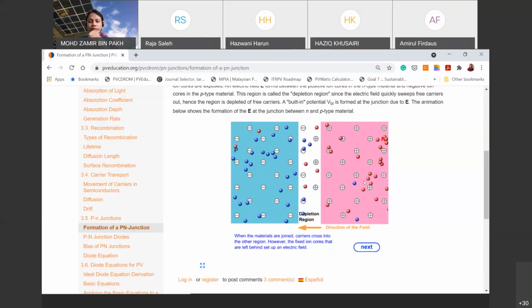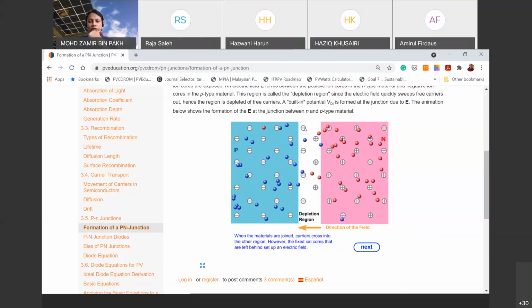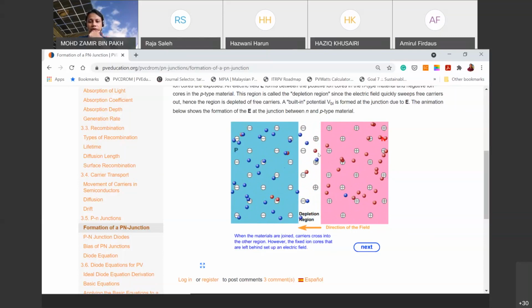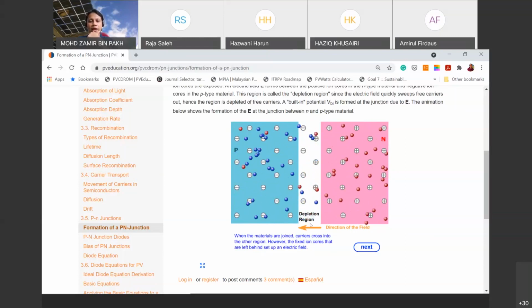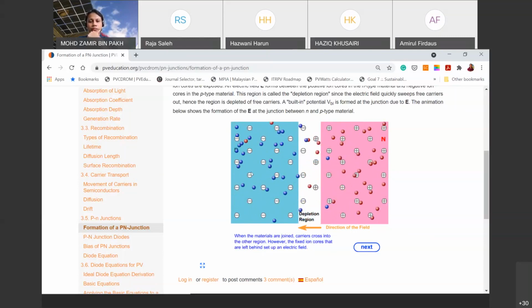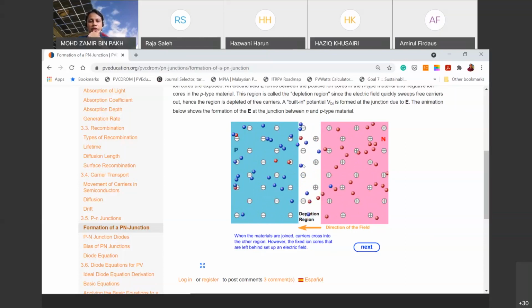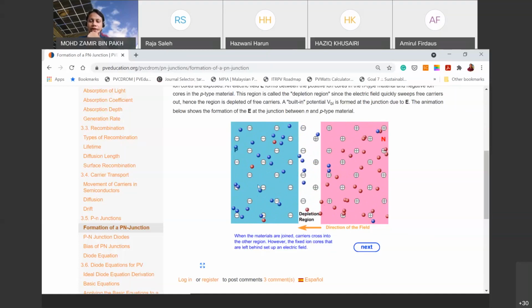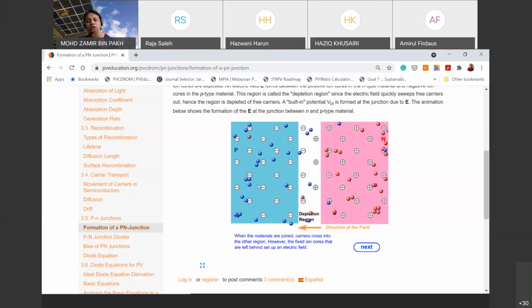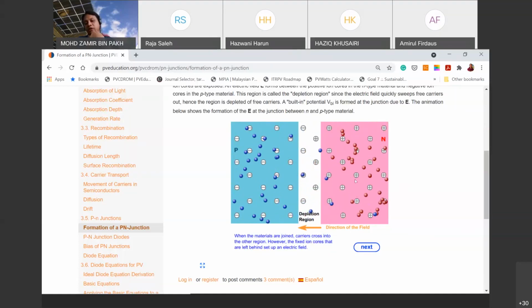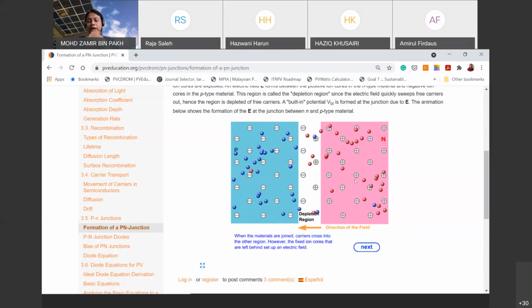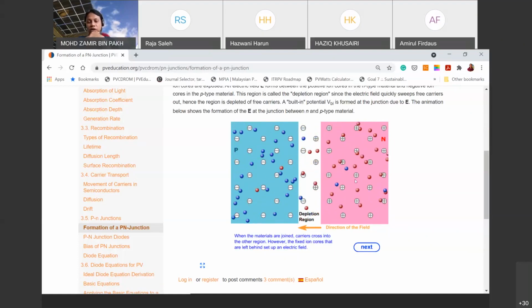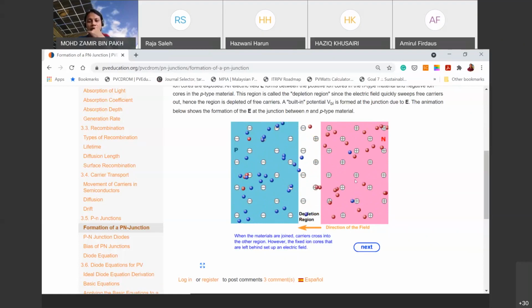So as a result, you have fixed ion charges right in the middle near the junction. Note that you have negative charges on the p side as a result of holes leaving the region, and you're left with positive ion charges on the n side as a result of electrons leaving the region.